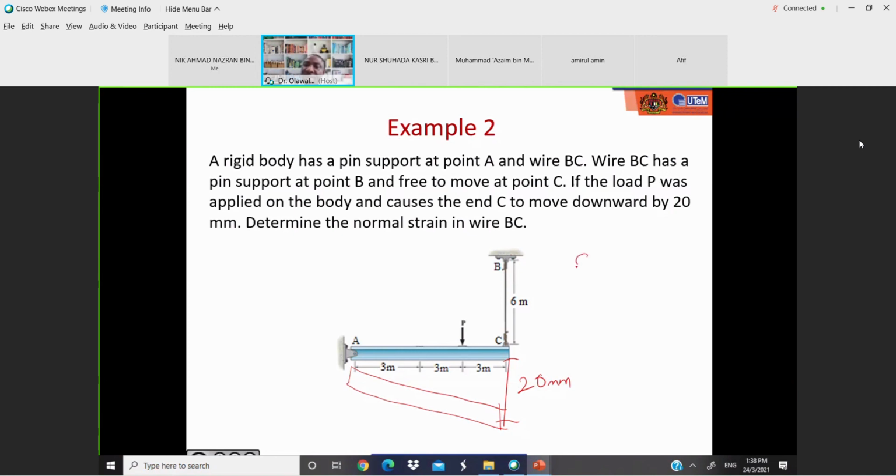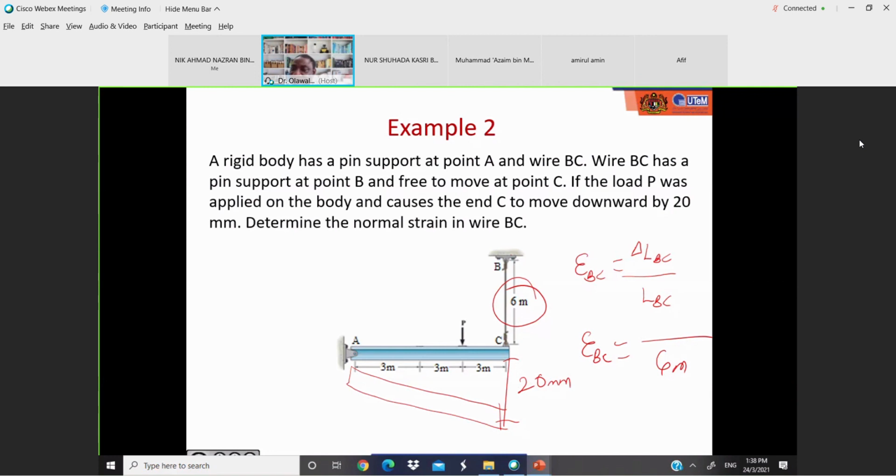So what's going to be your normal strain in BC? Strain in BC is equal to the change in length of BC divided by the original length of BC. So your original length of BC, what is it? 6 meters. So LBC is 6 meters. What about the change in length in BC?